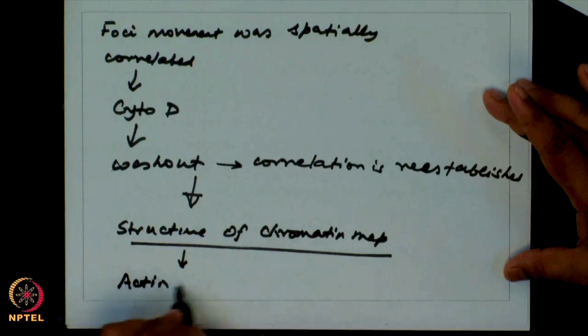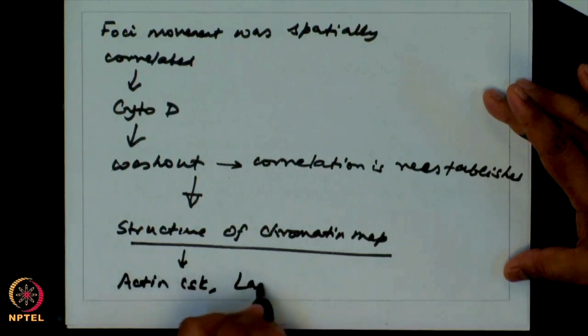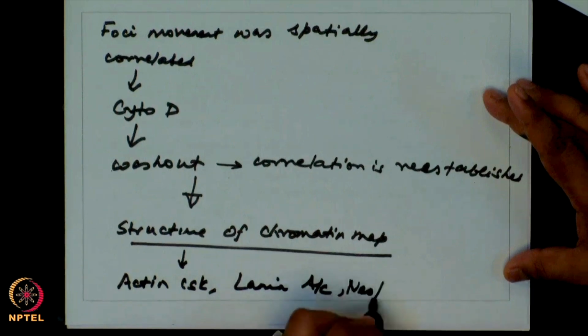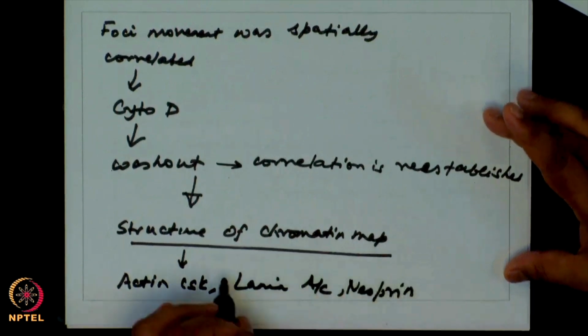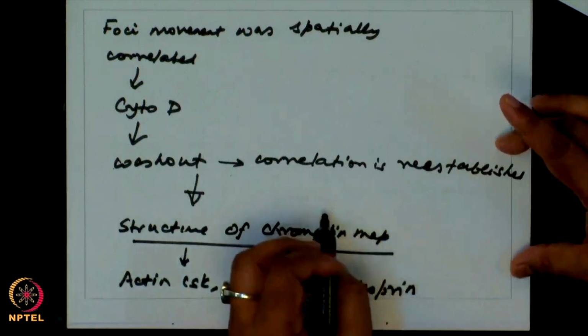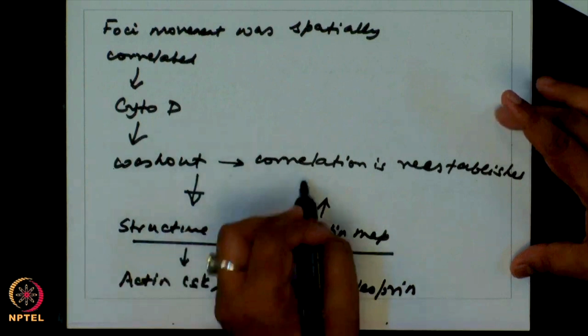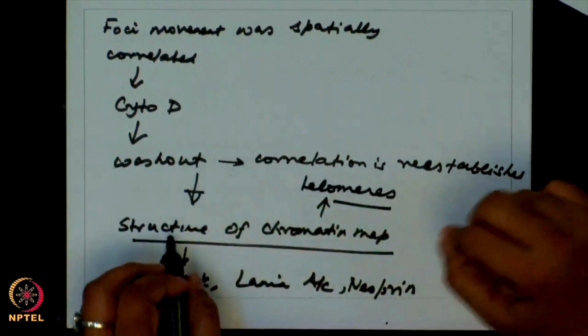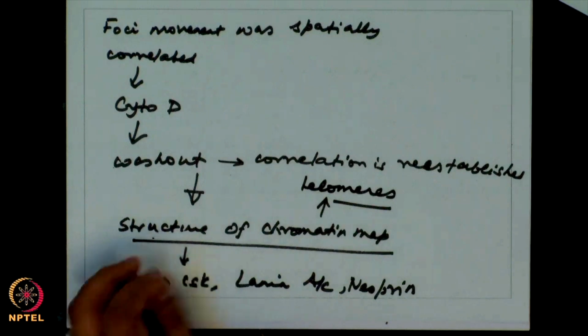So, you have the actin cytoskeleton, lamins, nesprins or linker domain proteins, and so on. These collectively regulate the telomeres, which serve as the endpoints of the chromatin. With that, I stop here.